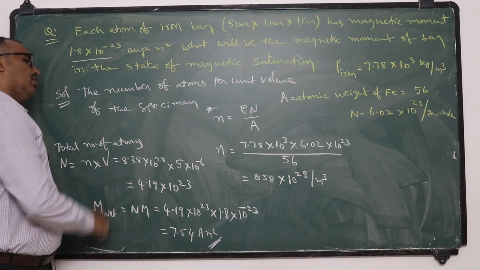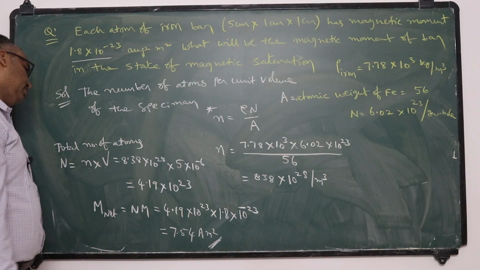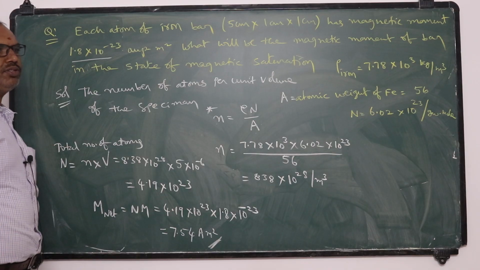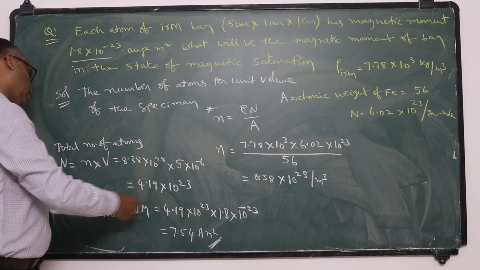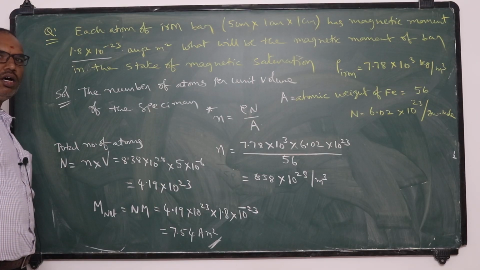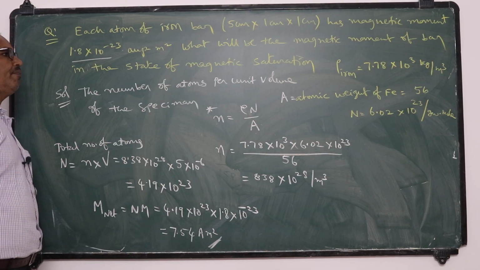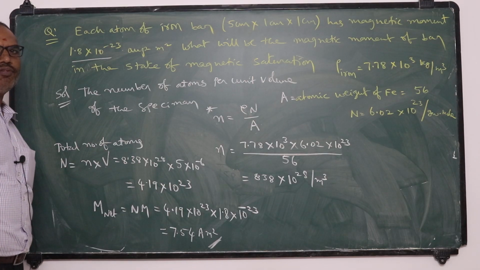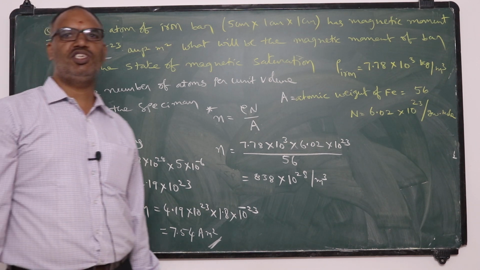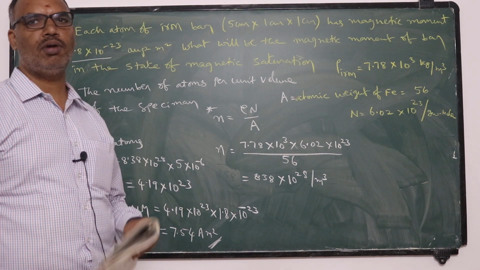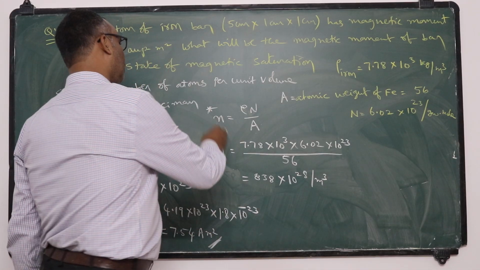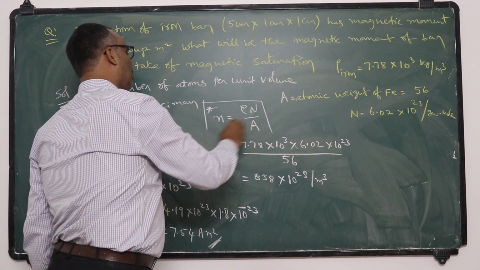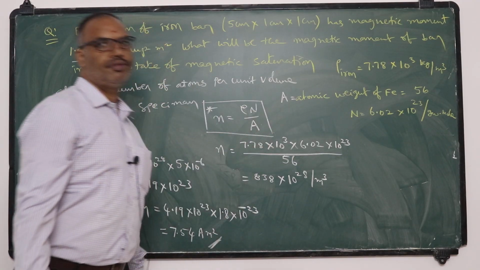We multiplied that with the total volume of the conductor and got the total number of atoms. Each atom has this much magnetic moment, so the total magnetic moment of the specimen is given by this formula. In this way, we can combine our chemistry formula and physics formula for solving some questions. You can find the derivation for this formula in your chemistry textbook.